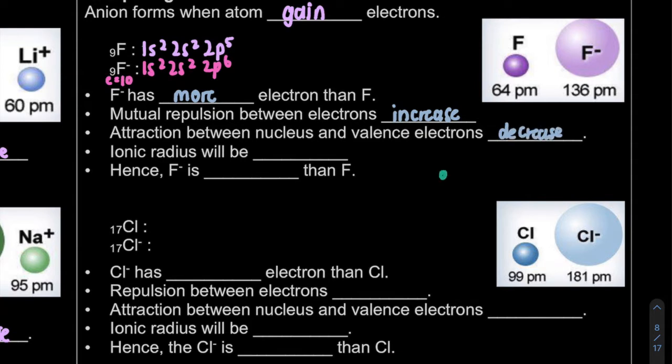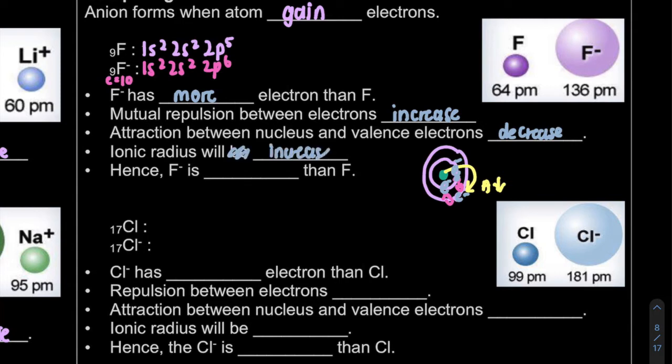We have a shell here and a nucleus. When there are many electrons, they compete with each other and want to push each other away. So the attraction between our nucleus and valence electron decreases because of repulsion between the electrons themselves. When attraction decreases, the ionic radii will increase.